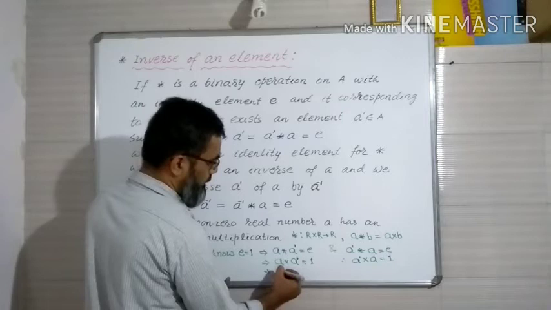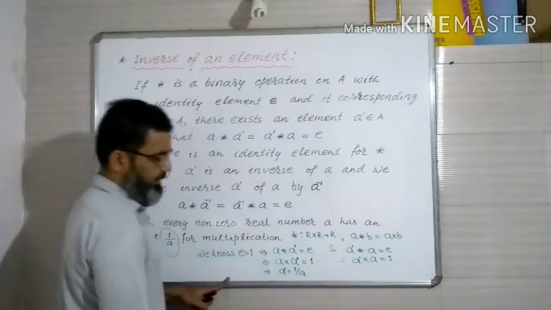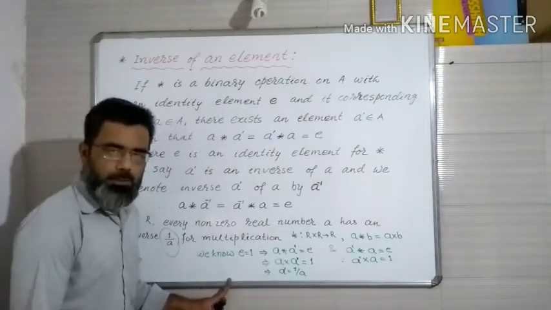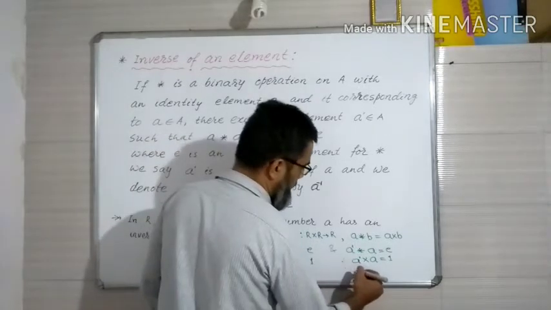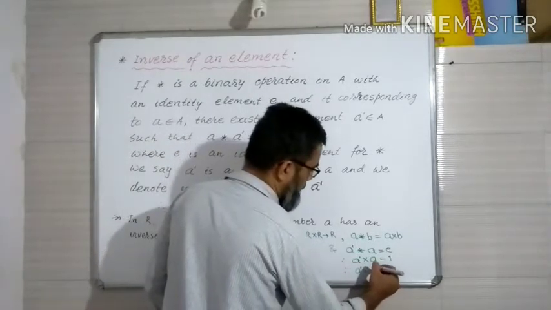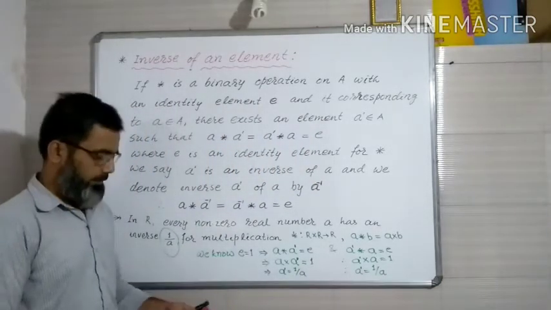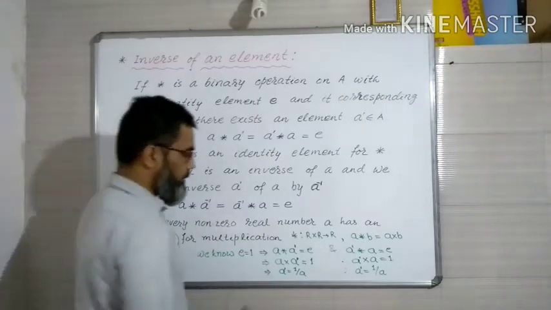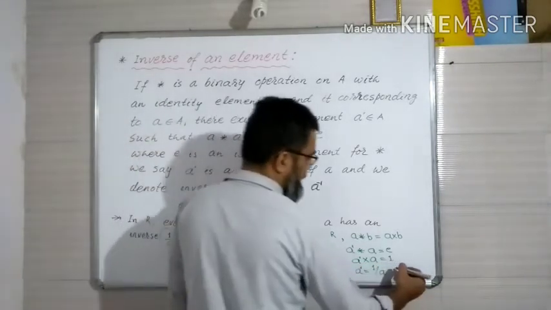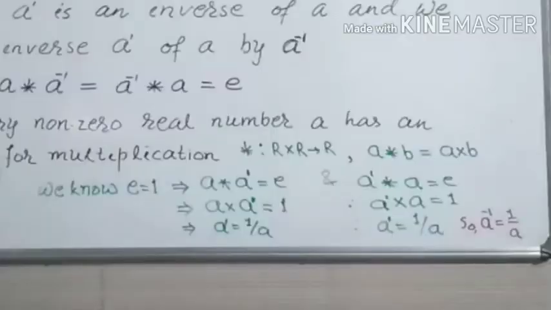ठीक है, तो अब a dash फाइंड करना है। तो a dash क्या मिला? a dash is equal to 1 upon a होगा। देखो ये सामने शिफ्ट हो जाएगा, मल्टीप्लिकेशन में तो डिनोमिनेटर में मिलेगा। तो a dash is equal to 1 upon a मिलेगा। तो ये मिल गया इनवर्स, inverse of element a for multiplication। Therefore we can say that a inverse is equal to 1 upon a.